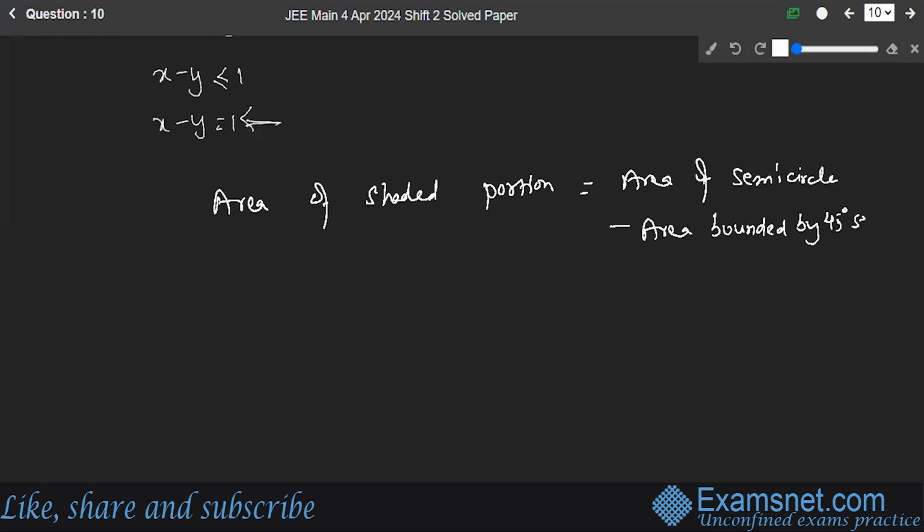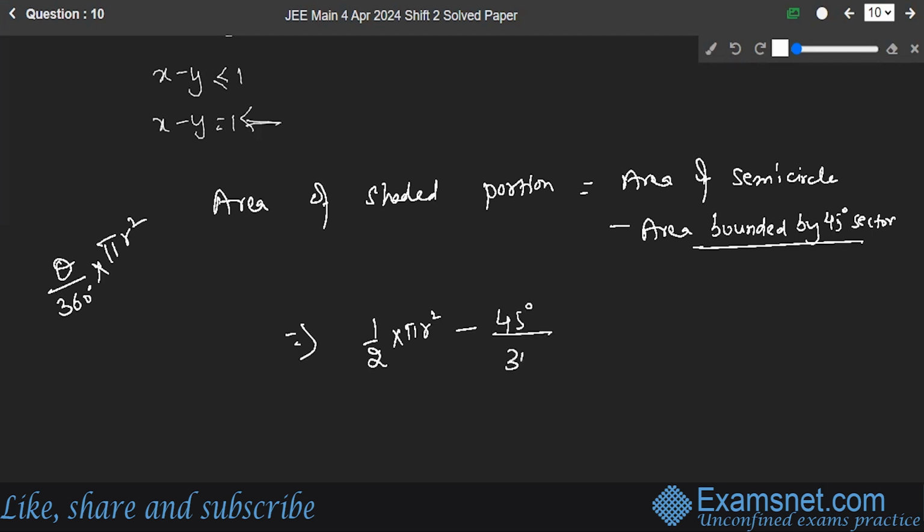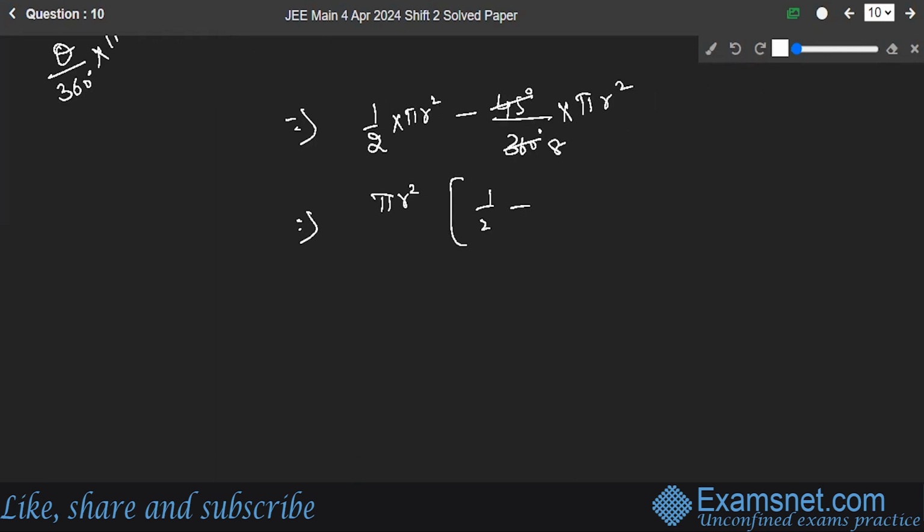So area of the semicircle minus the area bounded by the 45 degree sector. Okay, what is the area of the semicircle? This is half into pi r square, and the area bounded by the 45 degree sector is theta upon 360 degrees multiplied by pi r square. So theta is equal to 45 divided by 360 into pi r square. I'm taking pi r square common. This is half minus 1 by 8.